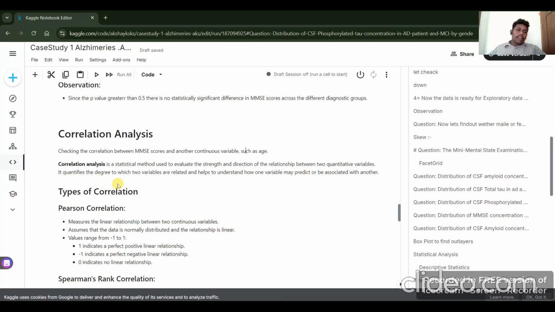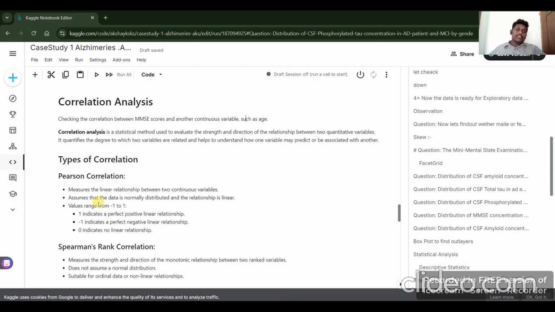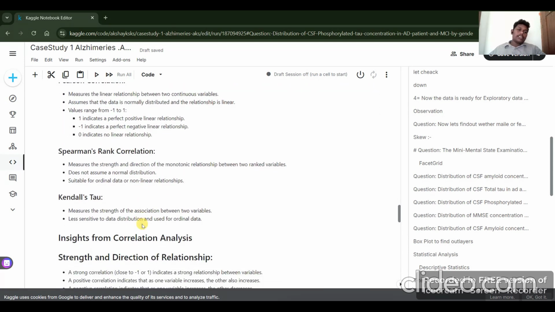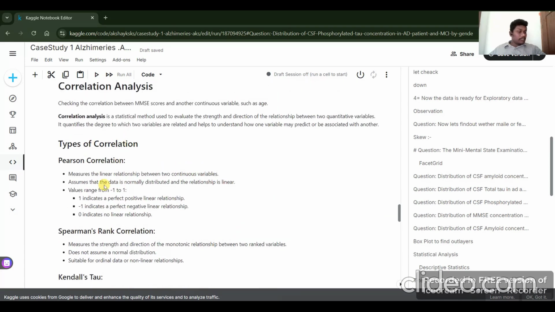It quantifies the degree to which two variables are related and helps you understand how one variable may predict or be associated with another. Types of correlation are Pearson correlation, Spearman rank correlation, and Kendall's tau.